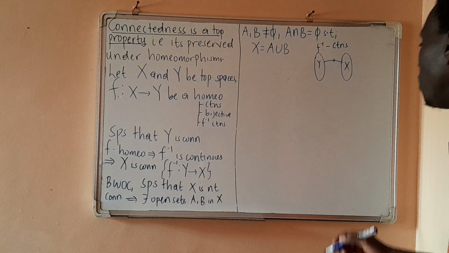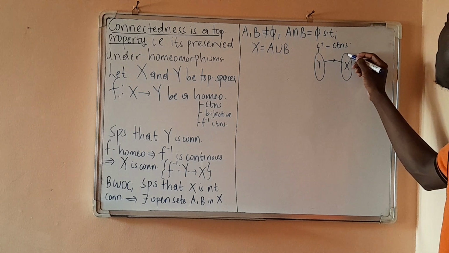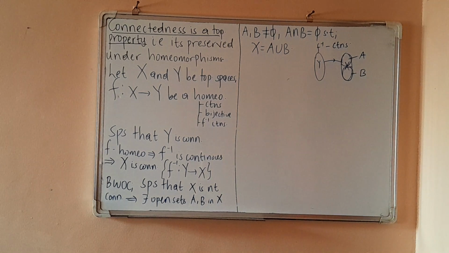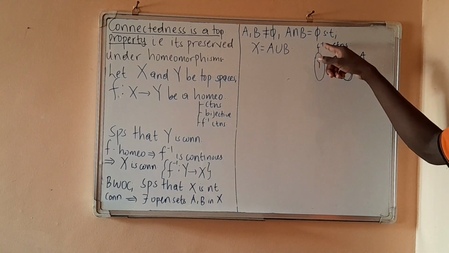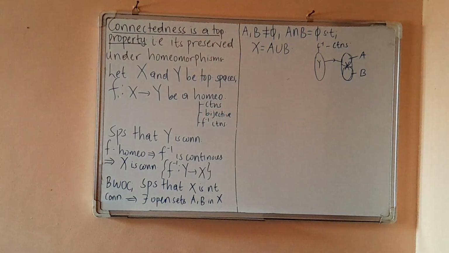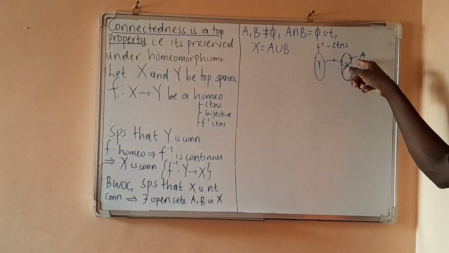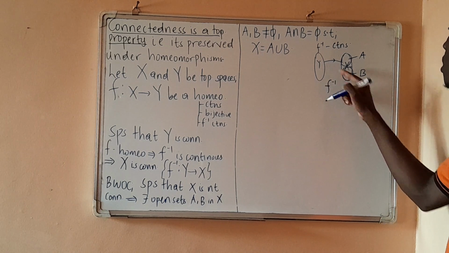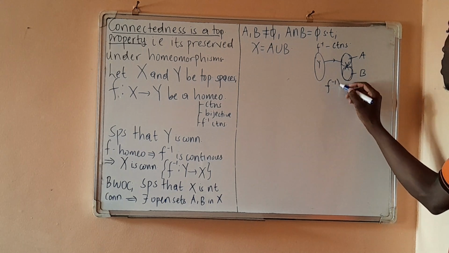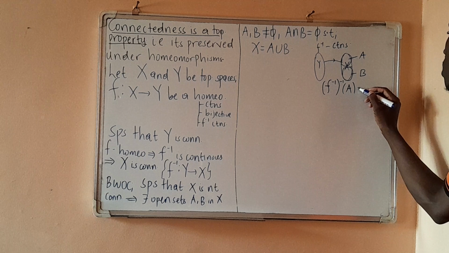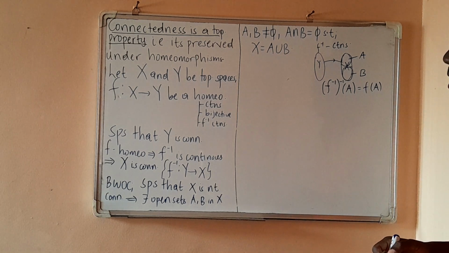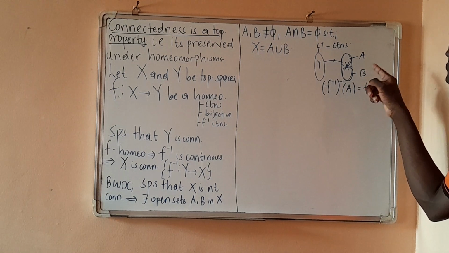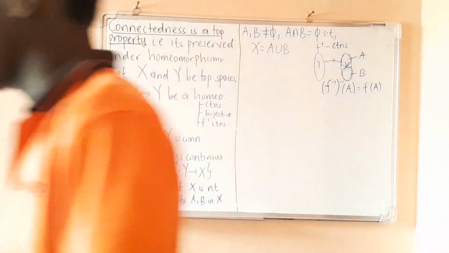We have supposed that X is not connected, so there is a separation of X by open sets A and B. Since f is a homeomorphism, the inverse function is continuous, implying that the pre-image of A under f inverse, which is f of A, is an open set in Y. Also the pre-image of B, which is f of B, is an open set in Y, since f inverse is a continuous map.